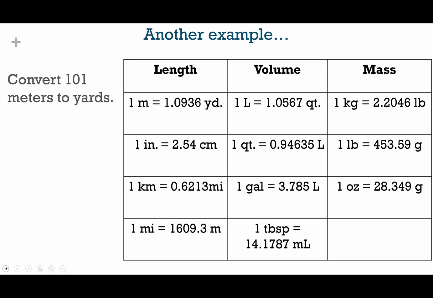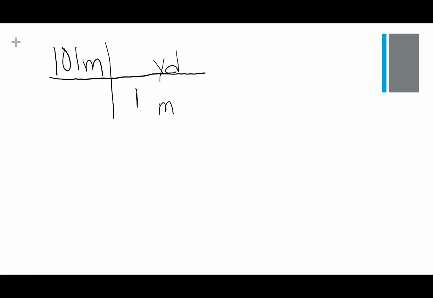So looking at my table, I'm going to live here in the length, so meters and yards are a length. And the very first equality I see is meters to yards. So I see that the number 1 is attached to meter. So when I go to my problem, I'm going to keep the number 1 with the unit meters. So that's going to go on the bottom.